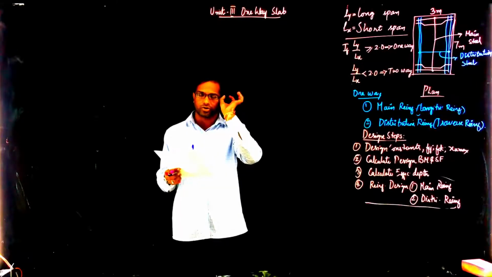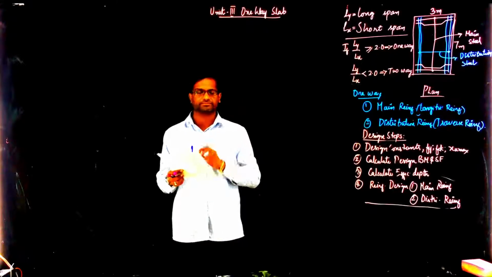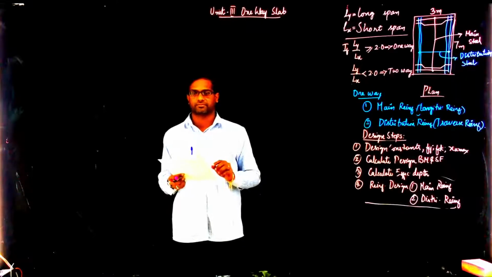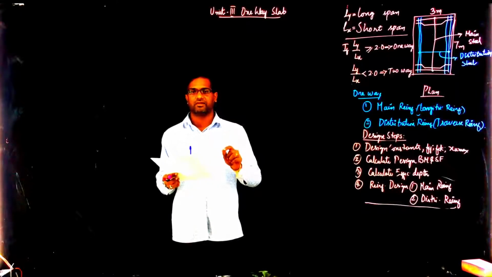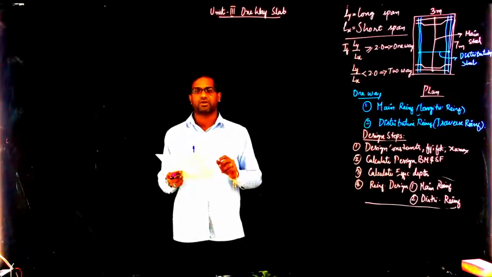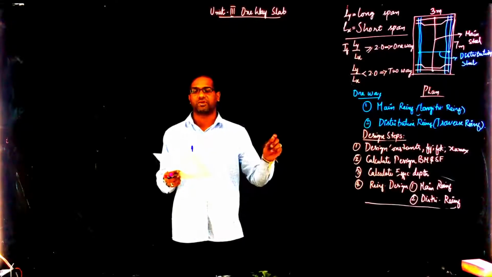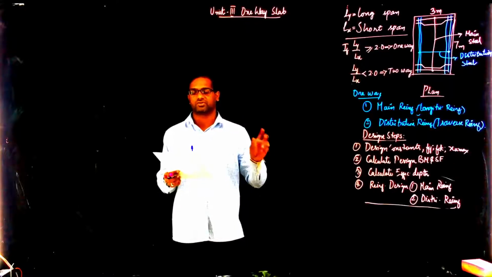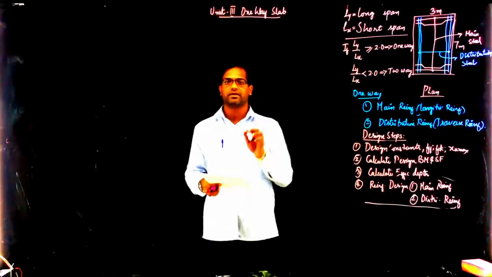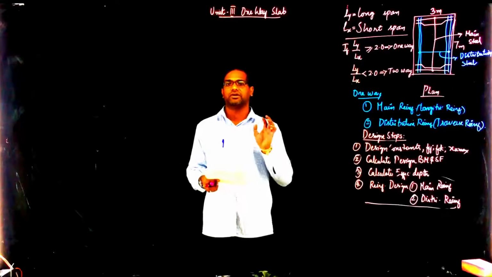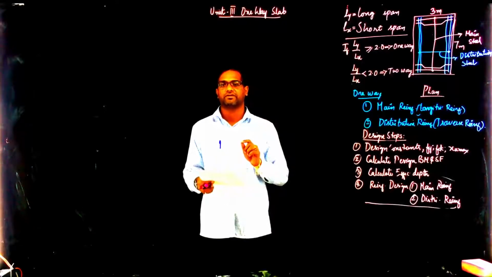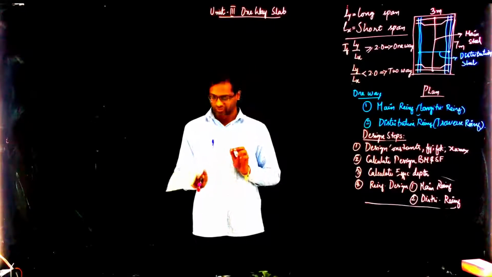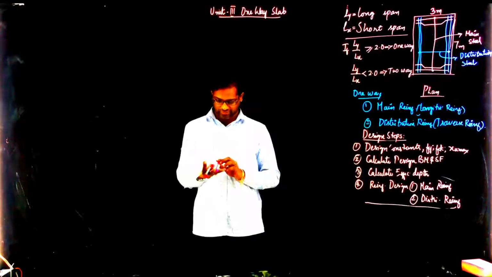Live load on slab is 2 kilonewton per square meter. Take M20 grade concrete and Fe415 steel.